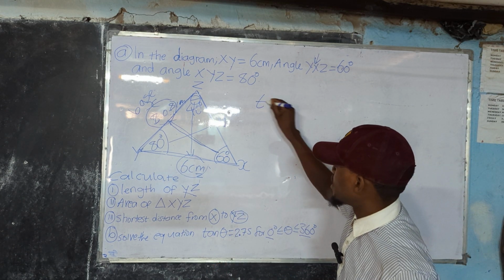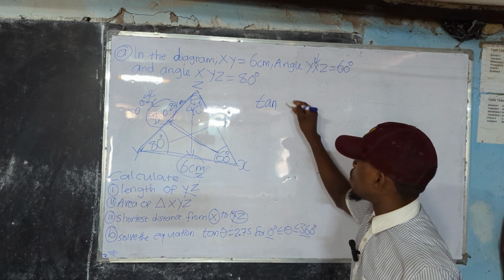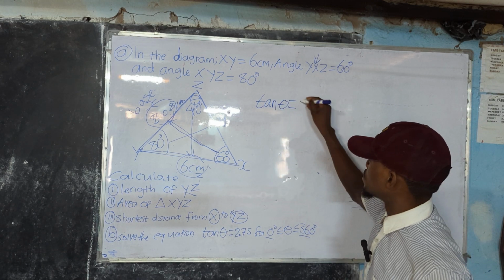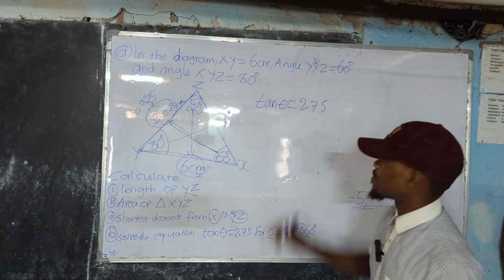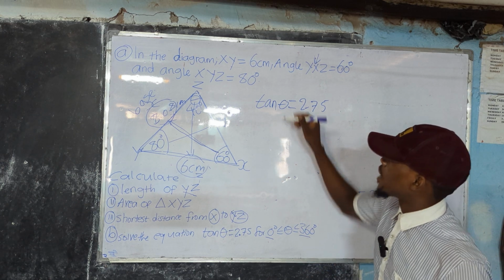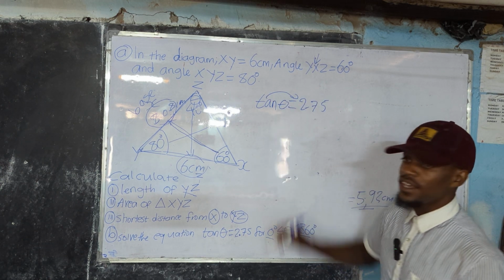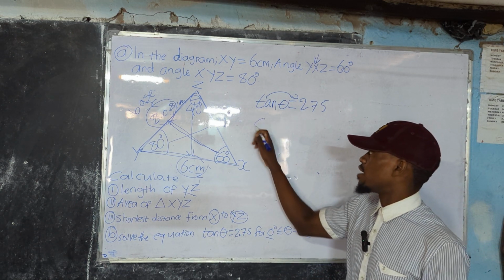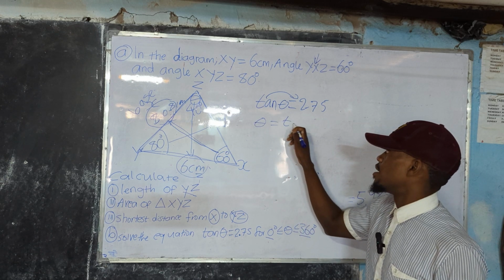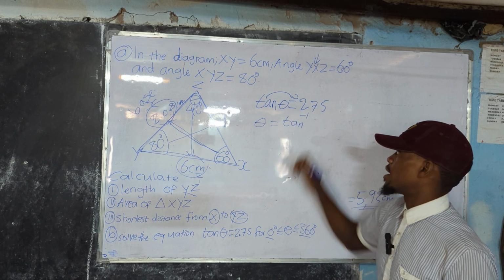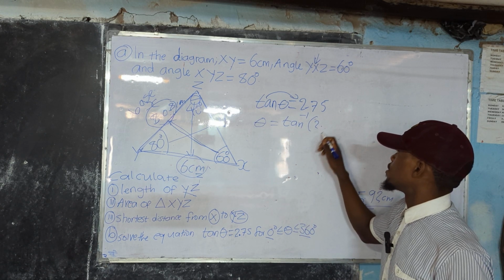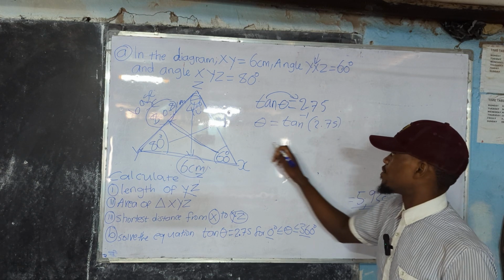So let's find the first one. So you say tan of theta is equal to 2.75. So the same way we do, we are going to shift tan to the right side so that we have theta is equal to, then this becomes tan inverse of 2.75.